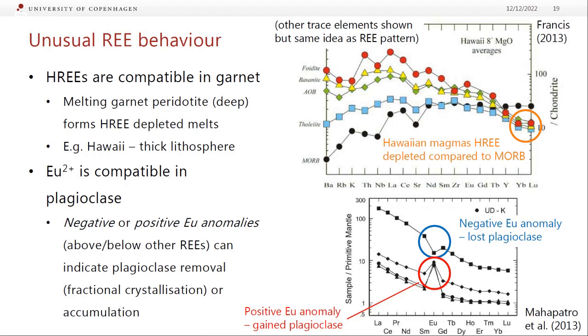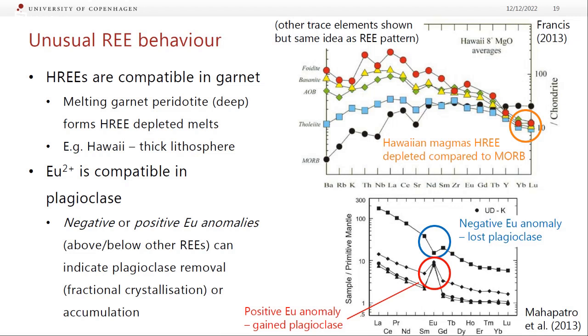And that's because the Hawaiian one was melting at a deeper average depth because of that thick lithosphere and because we got the plume melting at a greater depth. And so because more of the melt happened when we were in the garnet peridotite field, those heavy rare earths stayed in the garnet and they didn't come out into the melt. So when we see this kind of heavy rare earth depletion, that gives us a clue that there's deep melting happening.